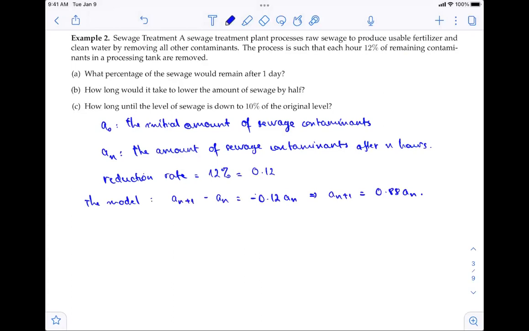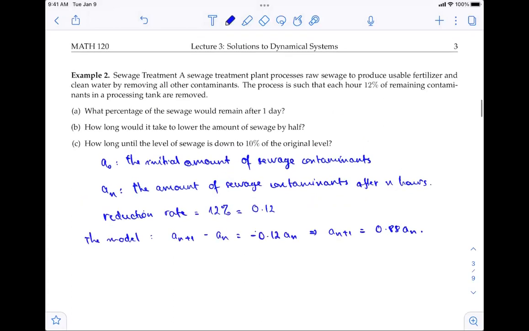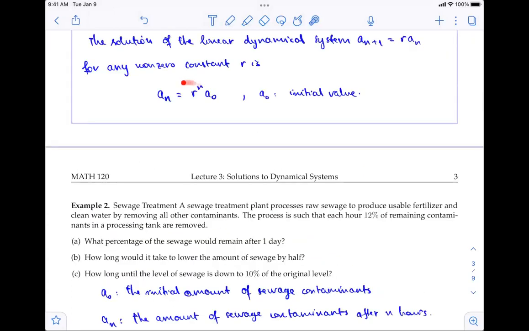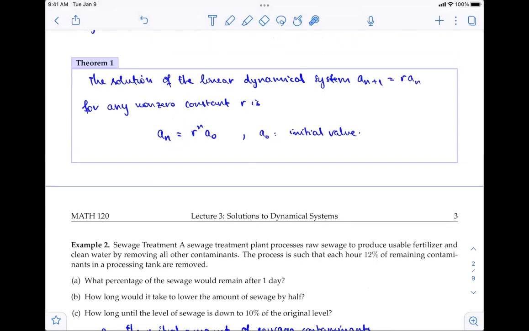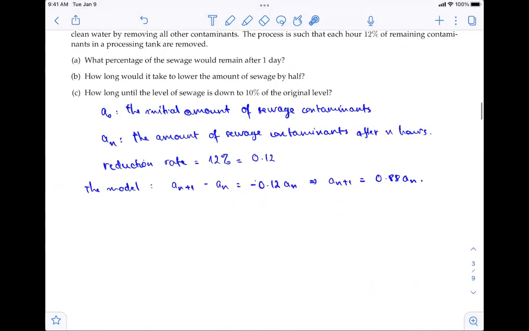And you can connect this linear dynamical system with the solution that we just obtained in the theorem. Here r is the reduction factor. Instead of using these difference equations, we can relate them to the discrete exponential functions.